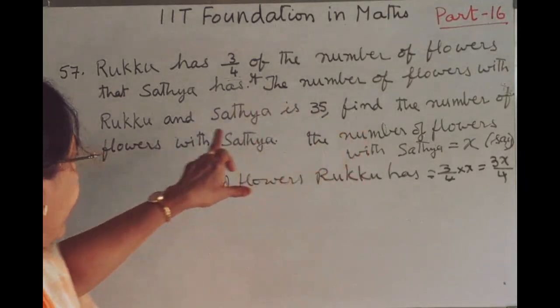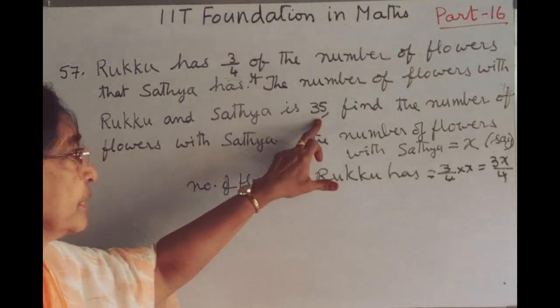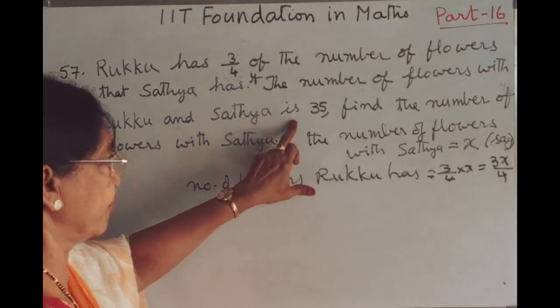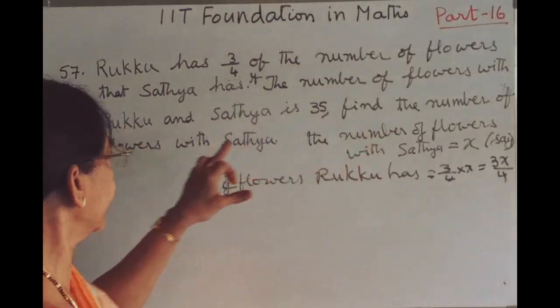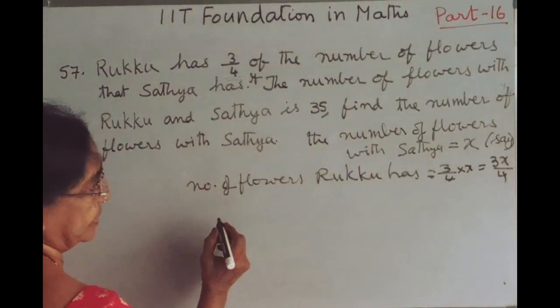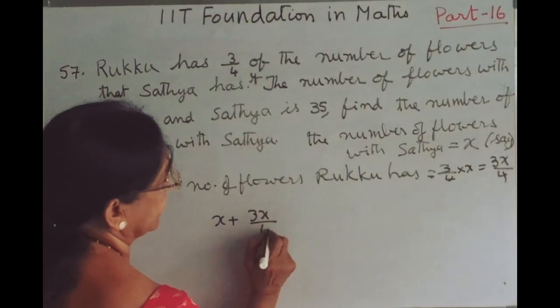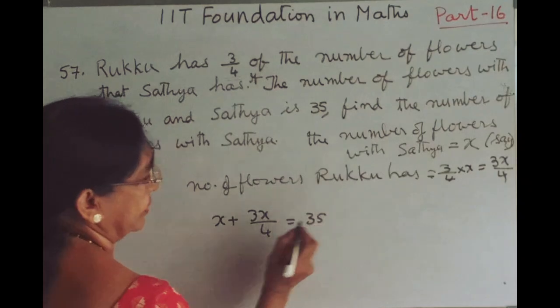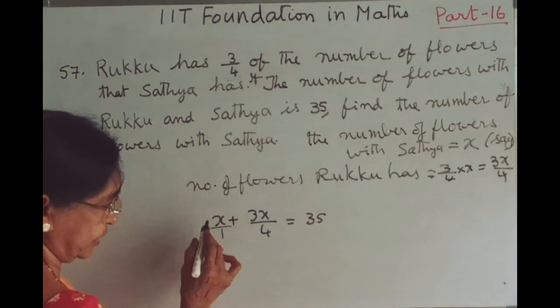If the number of flowers with Rukku and Satya is 35, that is, the total number of flowers with Rukku and Satya is 35. Find the number of flowers with Satya. So, total number of flowers, that is x plus 3x by 4 is equal to 35. So, solving this equation, let it be x by 1.